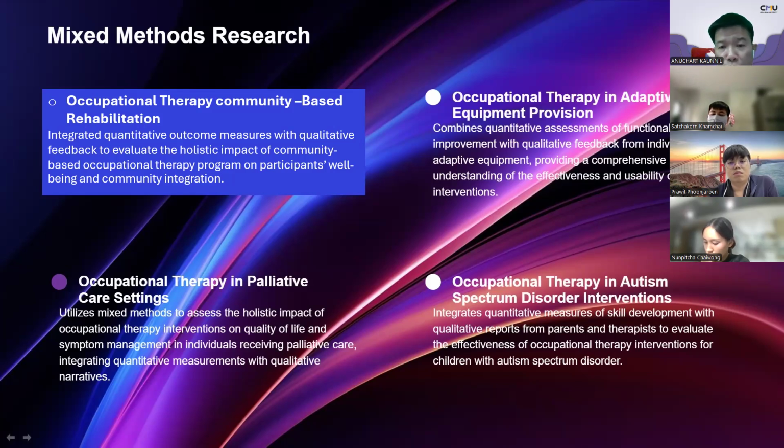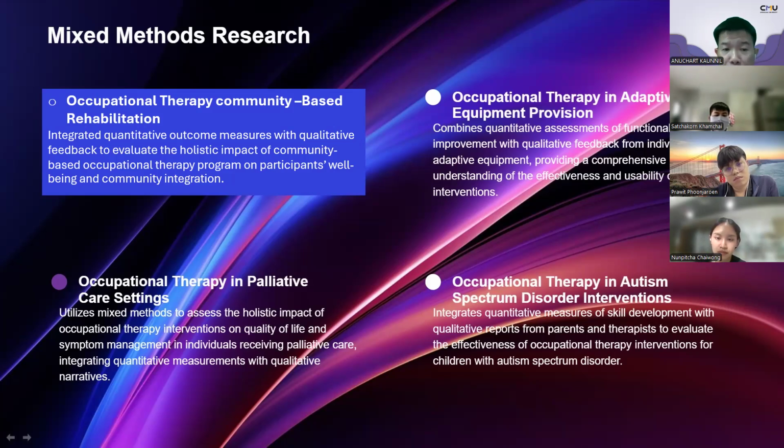We use mixed methods to collect data from older people, not just quantitative, but we also interview individuals. In occupational therapy for adaptive equipment provision, we use quantitative assessment followed by qualitative feedback as well, to understand whether the equipment is effective for the client or not, in terms of their reflection.